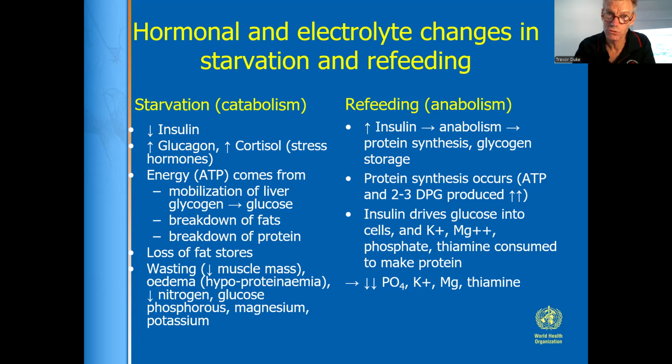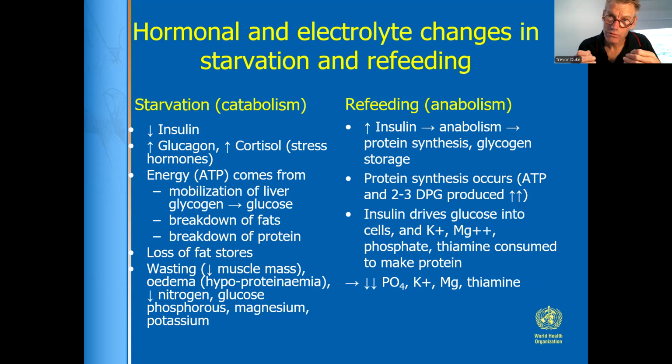They've lost their fat stores, for example, and the body is producing a lot of hormones that lead to the mobilization of glucose. Any glucose that a child's got in the liver gets mobilized. They get breakdown of fats, breakdown of protein in their body, and so they have loss of fat stores and muscle wasting. And because their protein levels are low, they have hypoproteinemia.